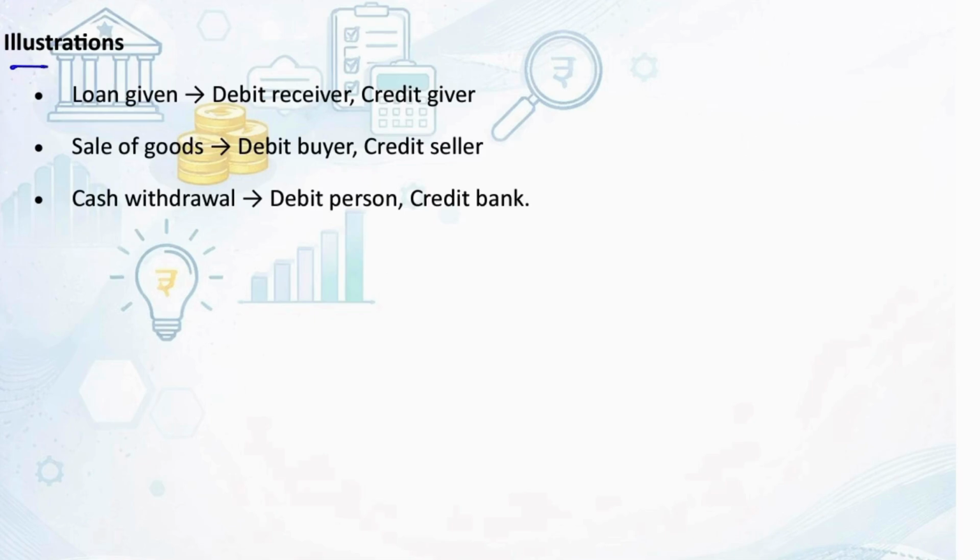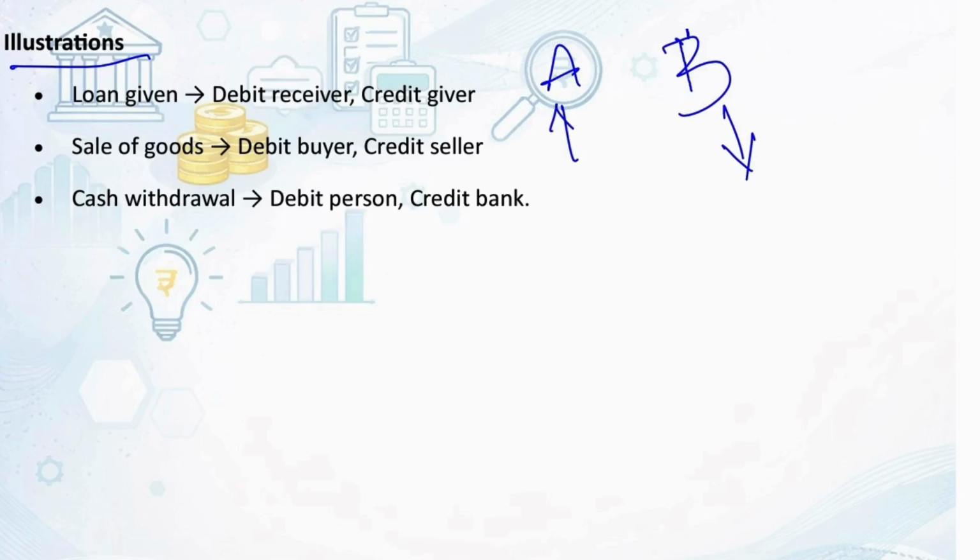Let's see an example for better understanding. For a loan transaction, if person A gives a loan to B, what will happen? Debit the receiver: the receiver's account will be debited and the giver's account will be credited.